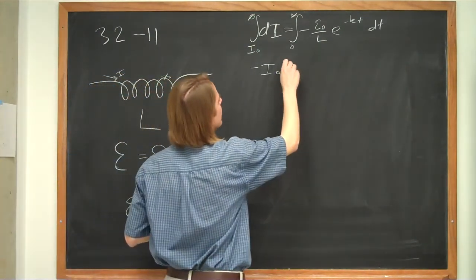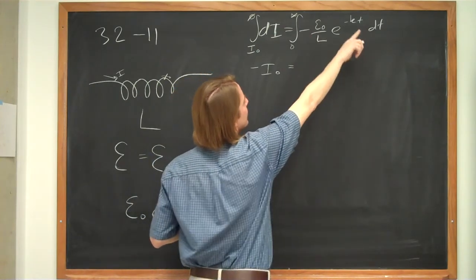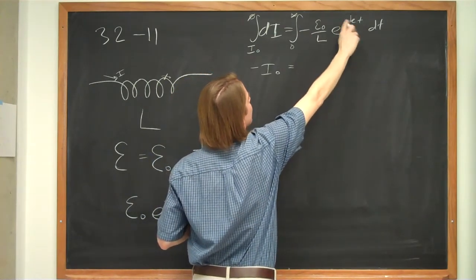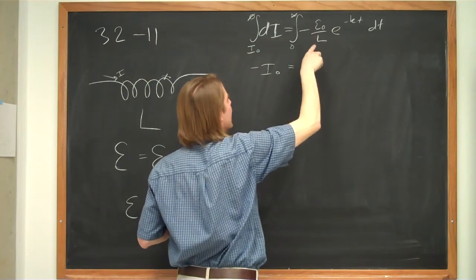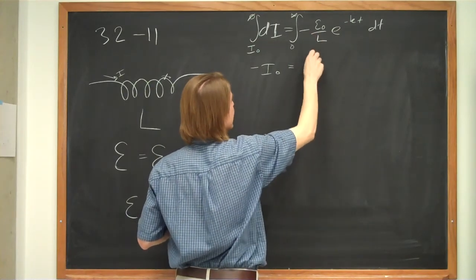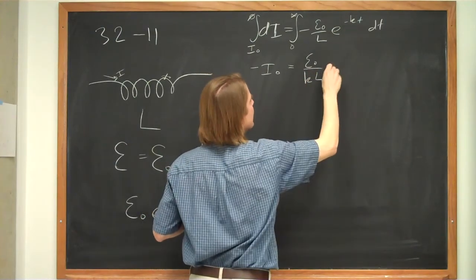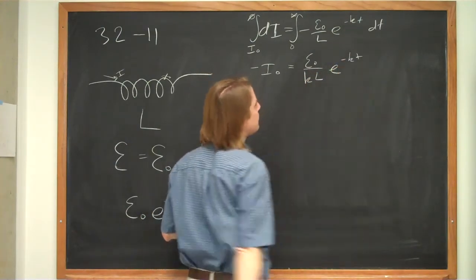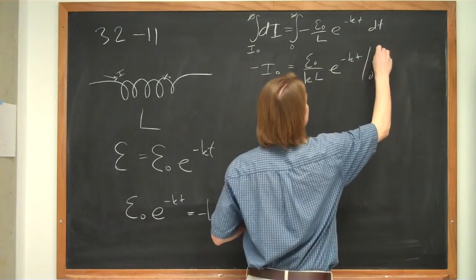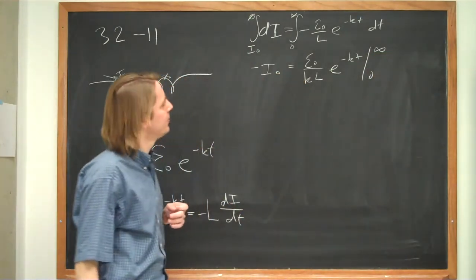Then here, we need to integrate this. It's just the integral of an exponent, so you divide by the derivative part, you divide by negative k. The negative comes over here and makes that positive. So you get E naught over kL, and then you just repeat the expression, e to the minus kt, and then you apply the limits from 0 to infinity.